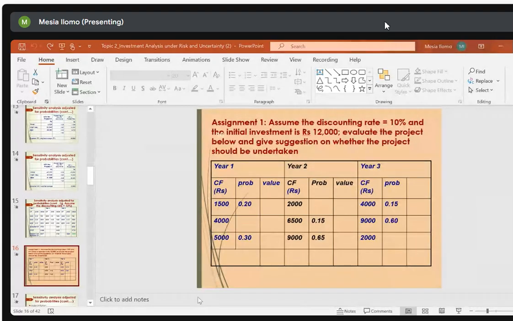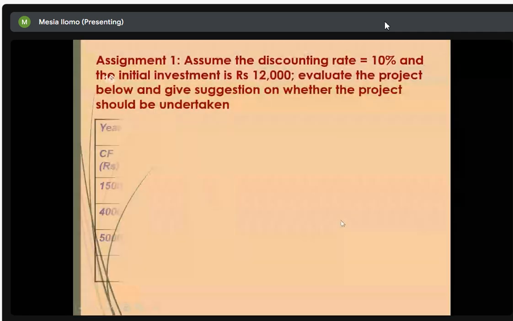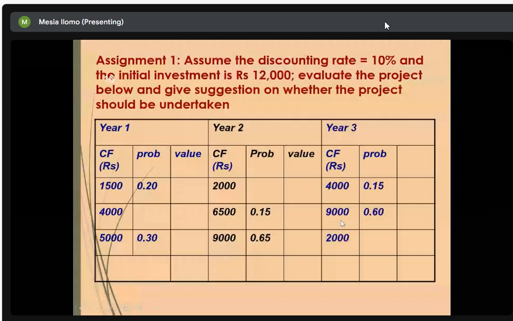I take the summation of those two probabilities. The remaining one becomes the probability of empty space. Okay, sir, can you repeat it?